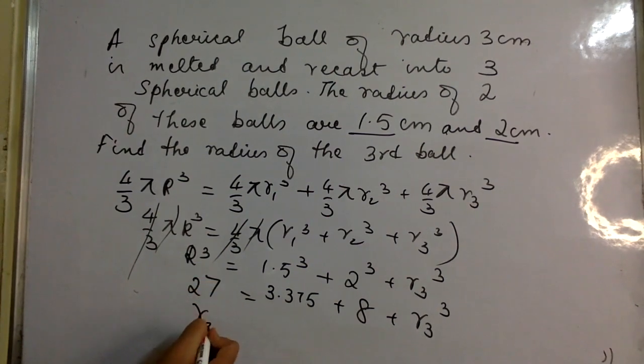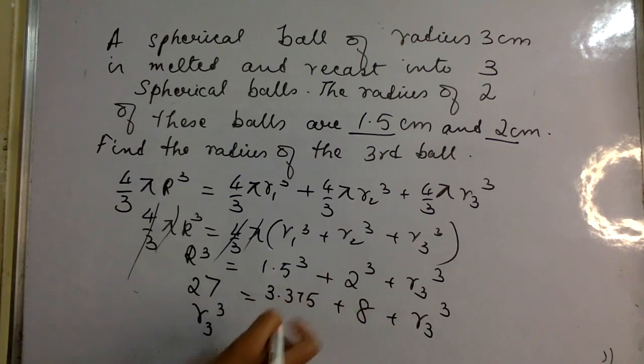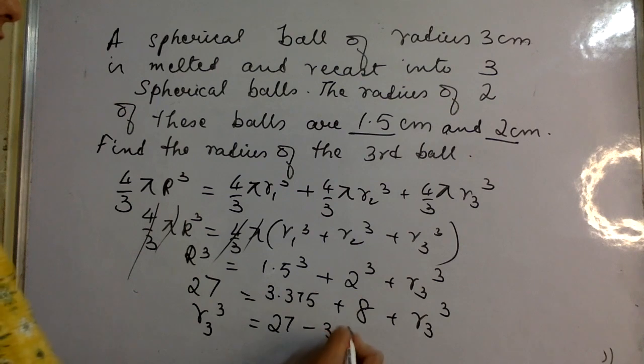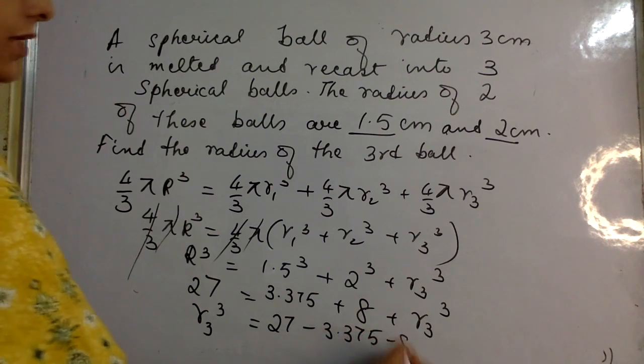So r3 cube, this unknown variable, now becomes 27 minus 3.375 minus 8.